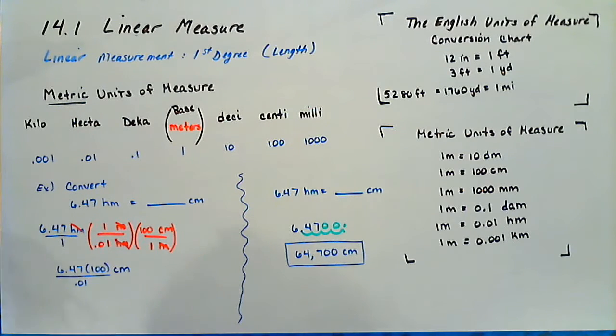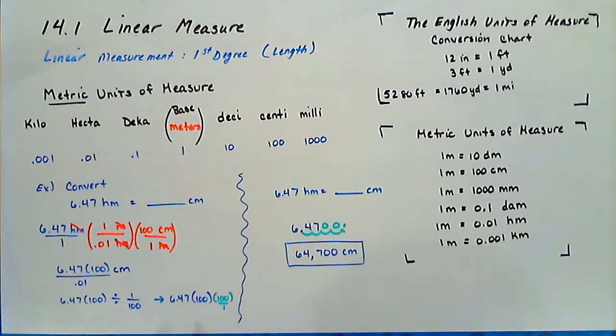Which, again, I don't have my calculator handy. This would be the same as 6.47 times 100 divided by 1/100th, but dividing by a fraction is the same as multiplying by its reciprocal. So 6.47 times 100 times 100 over 1.